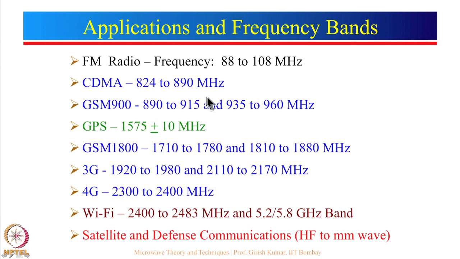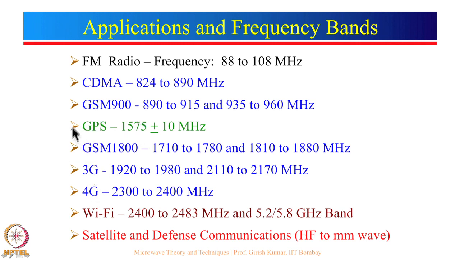Actually speaking, one part is used for transmit and another part is used for receive. What is transmit for the cellular tower becomes receive frequency for the mobile phone, and what is receive for the cellular tower becomes transmit for the cell phone. Then these are the GSM 1800 band, 3G and 4G.